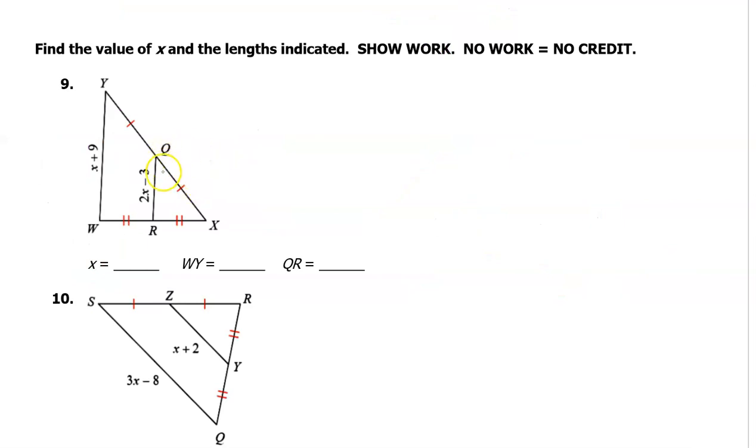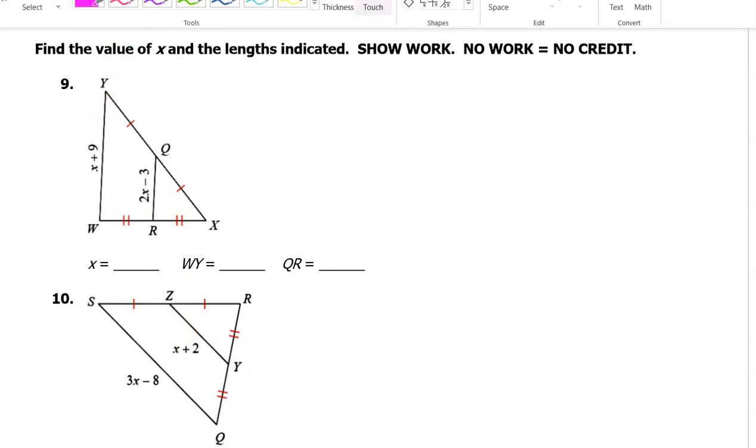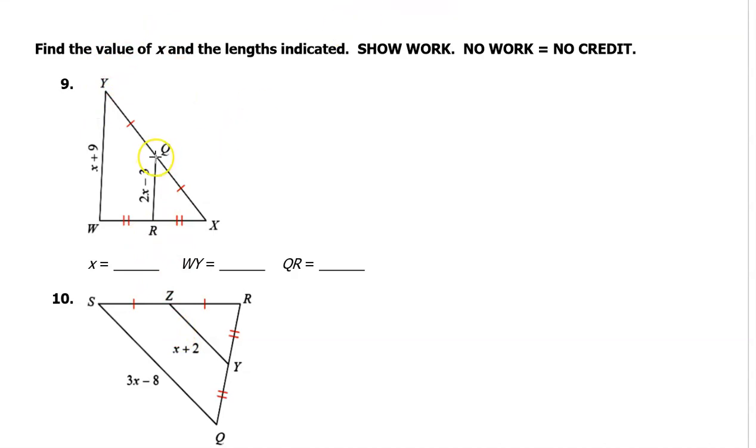All right, for problem number 9 and 10, we are going to solve some equations. Let's go ahead and highlight that midsegment, which is right here. That is parallel to this segment. So remember that the midsegment is half the size of the parallel side.